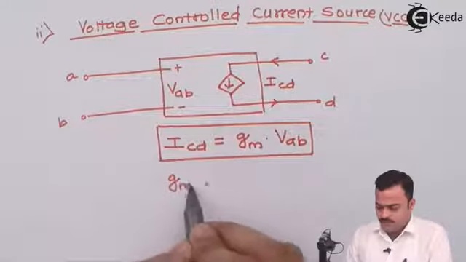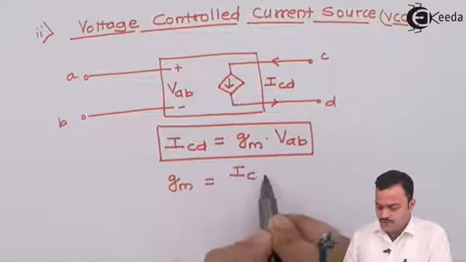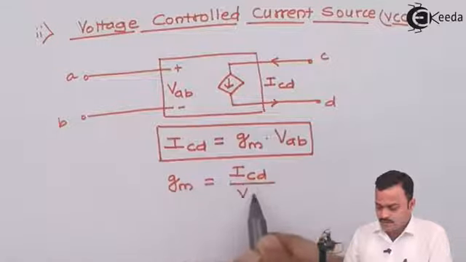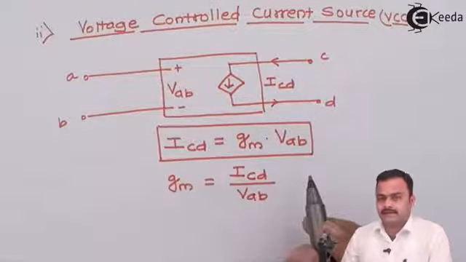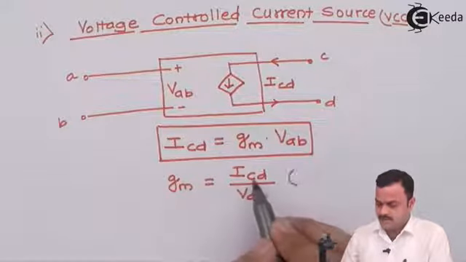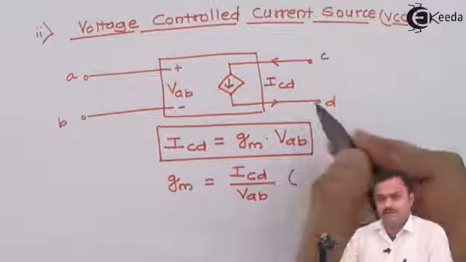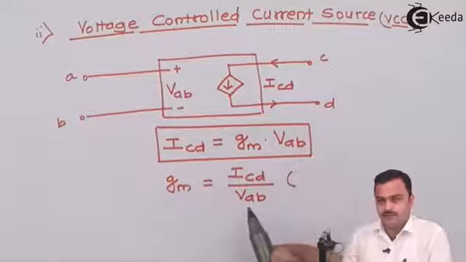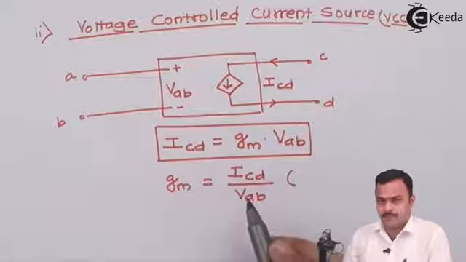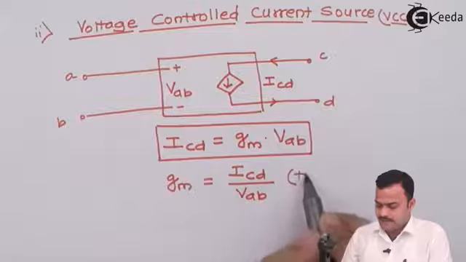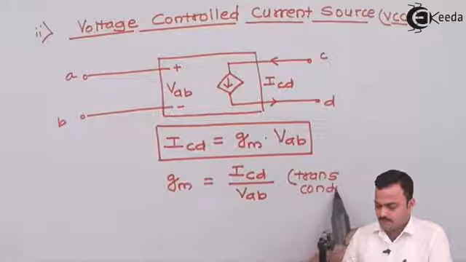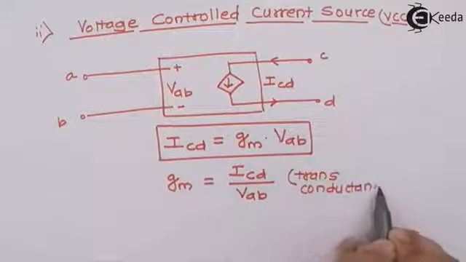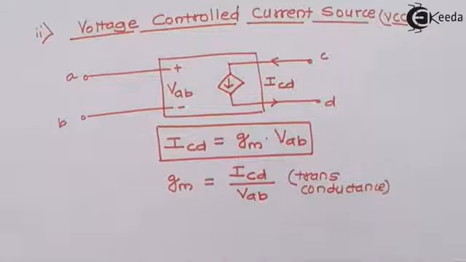If I solve for gm, I will get gm as the ratio of current and voltage, and current to voltage is a conductance. Since ICD is the current of the output port and VAB is the voltage of the input port, I can say this is transconductance. So this is about the voltage controlled current source.